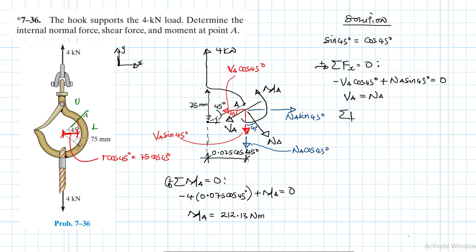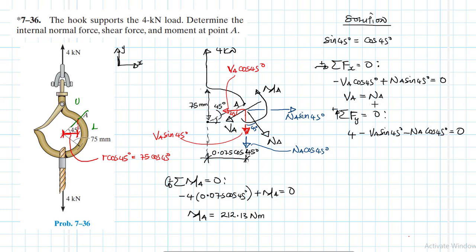And then now we have summation of forces in the y direction equal to 0. We have 4 minus VA sine 45 minus NA cos 45, and this is equal to 0.